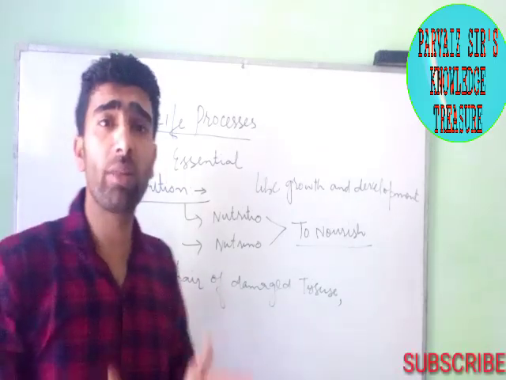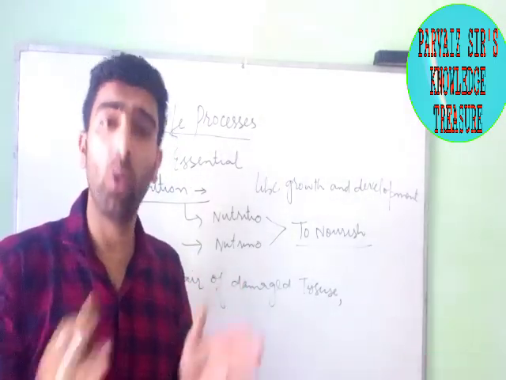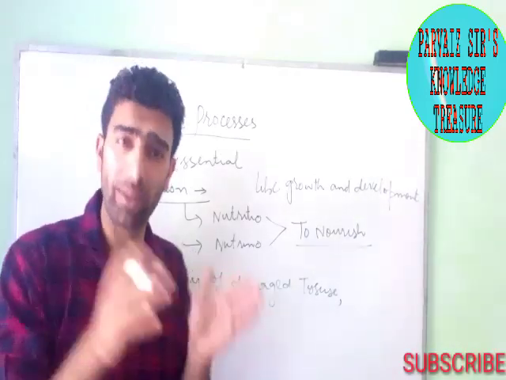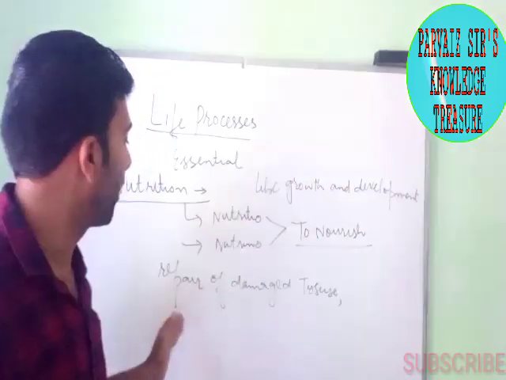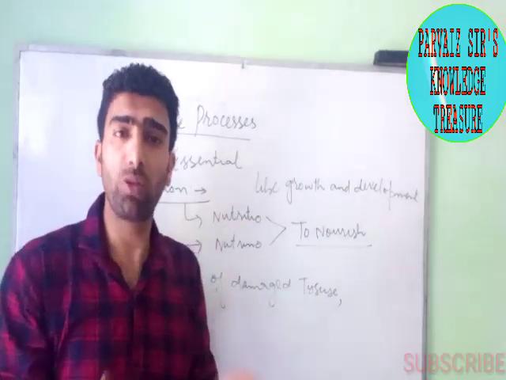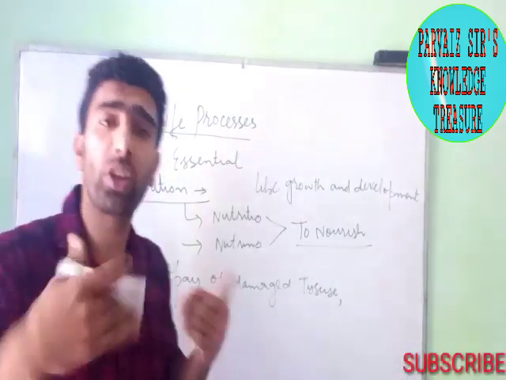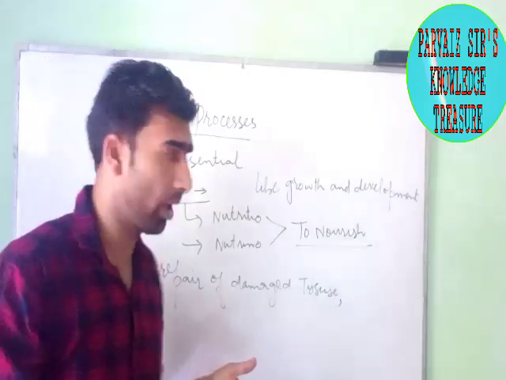The process by which an organism obtains its food and utilizes that food for various purposes like growth and development, repair of damaged tissues, fight against diseases, and production of energy, etc., is called nutrition.